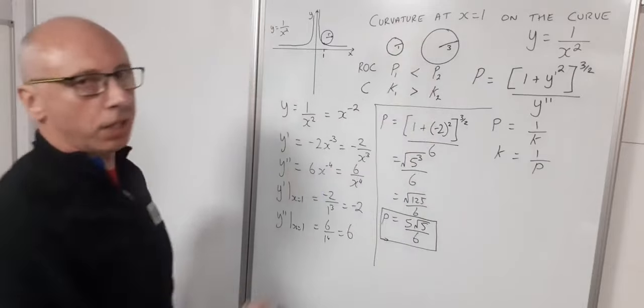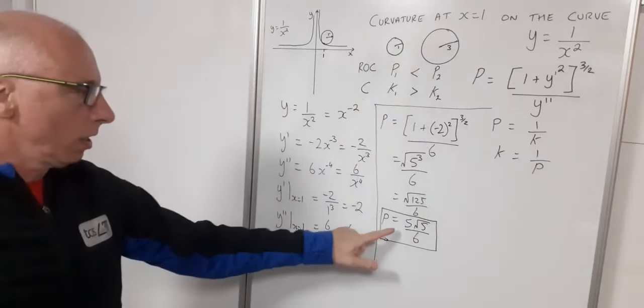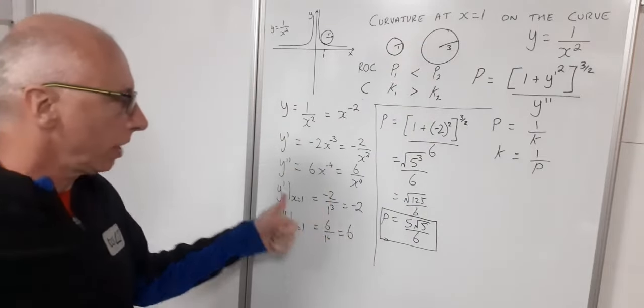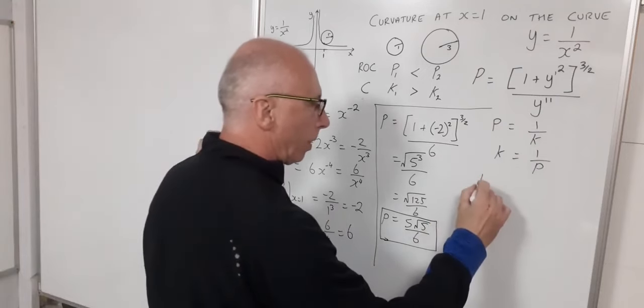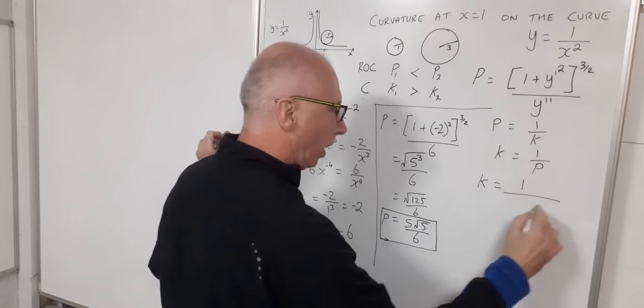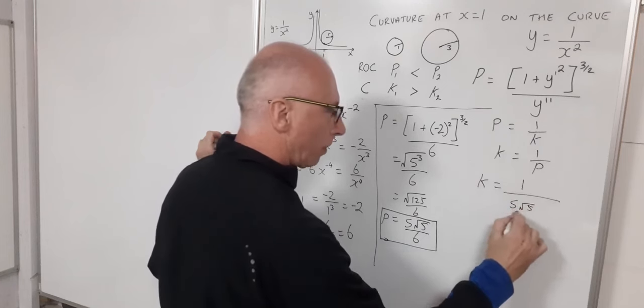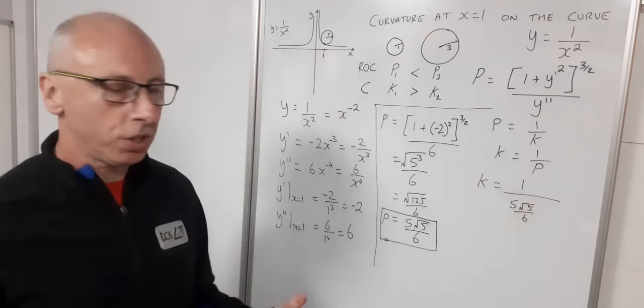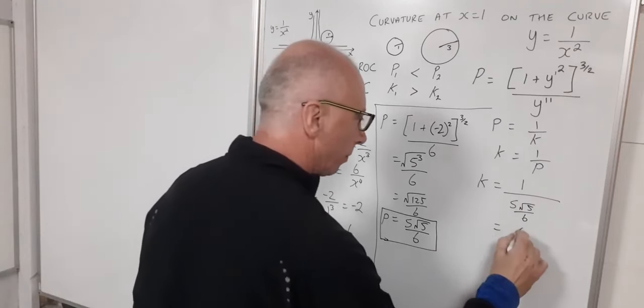But what we want to find is the curvature. That's our goal. So the curvature is the reciprocal of this. So therefore we want kappa, which equals 1 over rho. So that's 1 over 5 root 5 over 6, which is just the same as 6 over root 5.